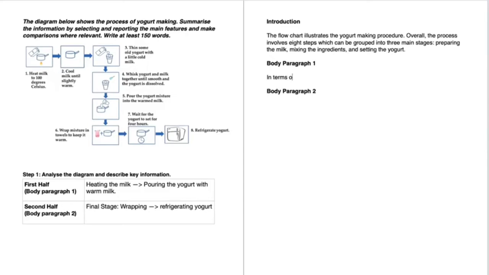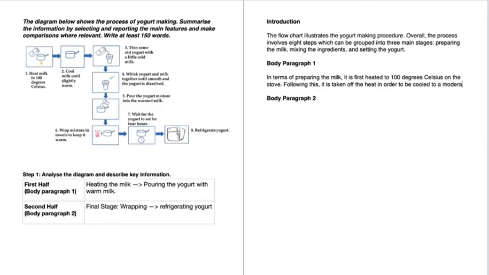In terms of preparing the milk, it is first heated to 100 degrees Celsius on the stove. Following this, it is taken off the heat in order to be cooled to a moderately warm temperature.